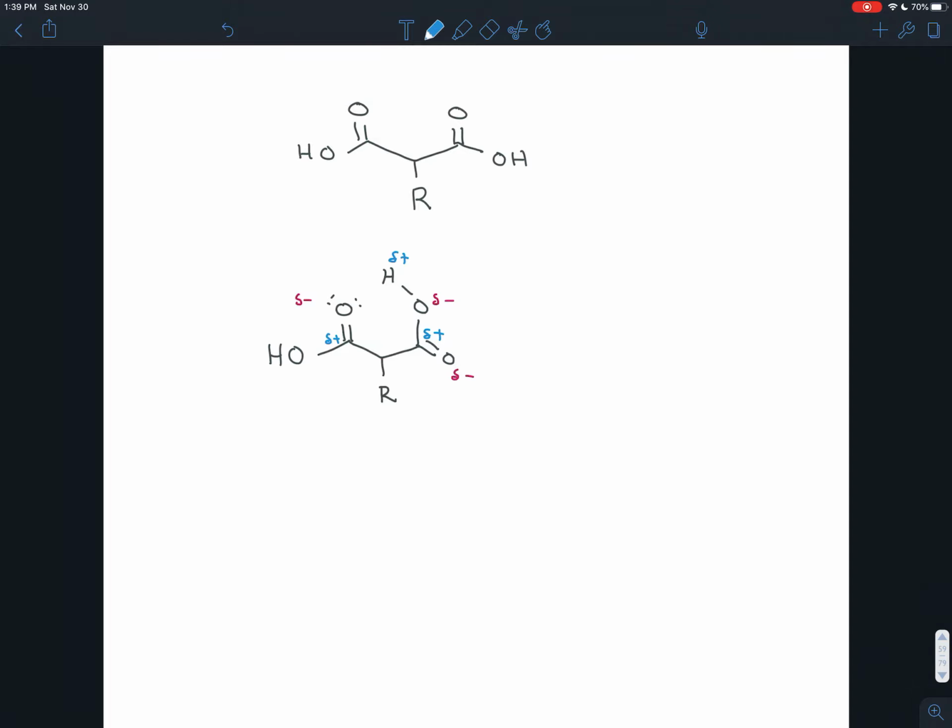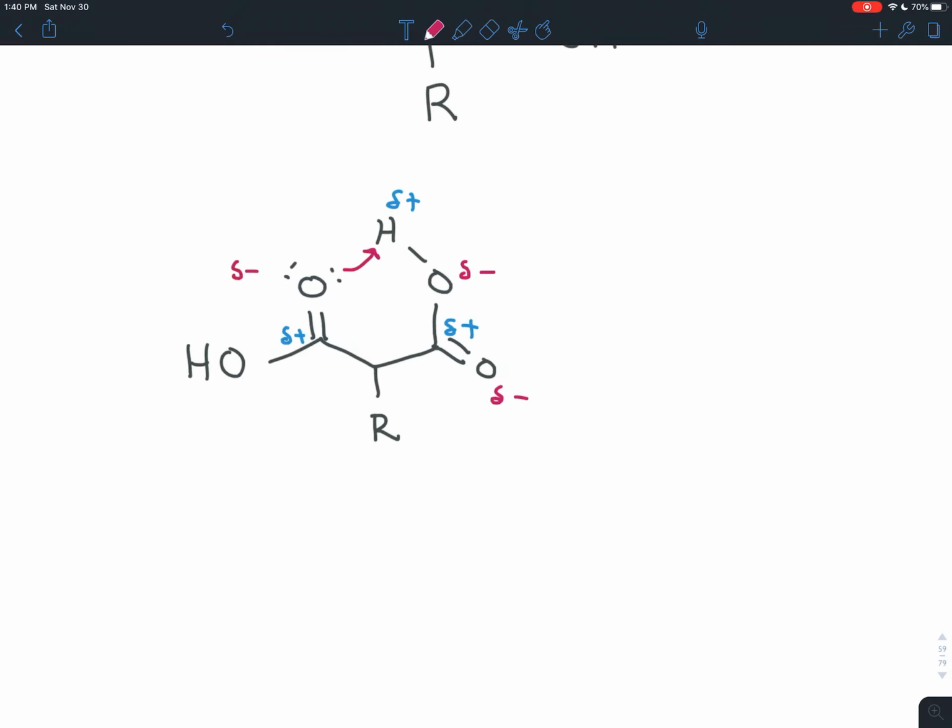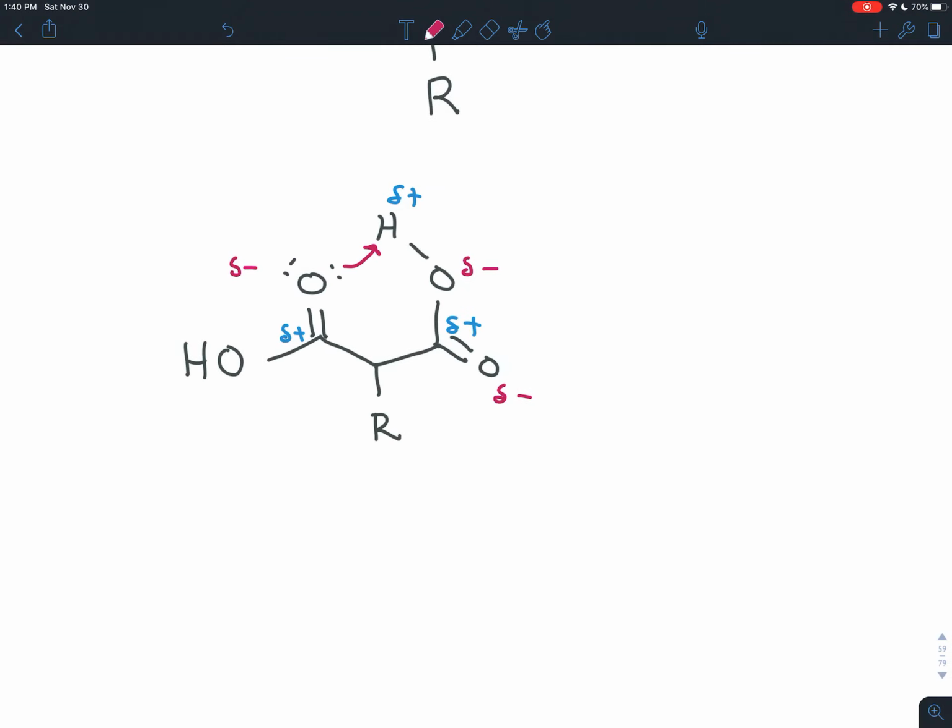Okay, so the slightly negative oxygen wants to stick to the slightly positive hydrogen there. But if it does that, where will these electrons go? Well, the most attractive place nearby is this slightly positive carbon, so they swoop down to create a pi bond in that direction.